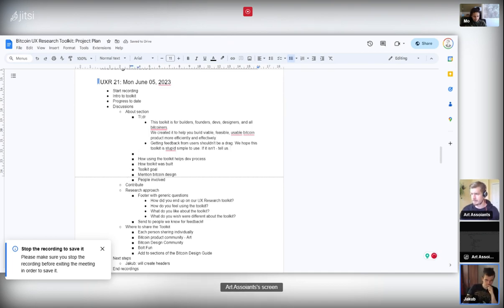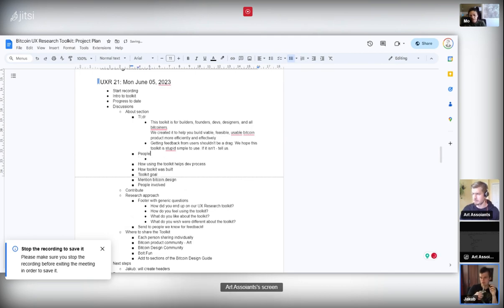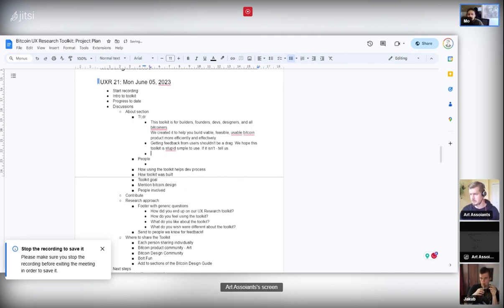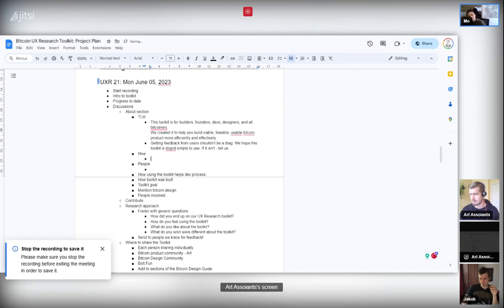And then speak a bit about how this toolkit was built as a collaborative process, and it was built in public. Collaboratively and in public. Yeah. We could go bold and say we aim for hyper-Bitcoinization, so we need builders to build the best Bitcoin products.